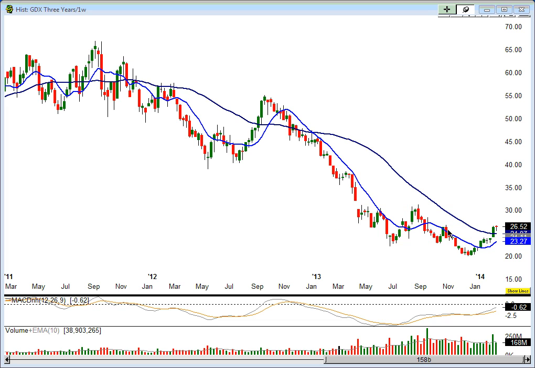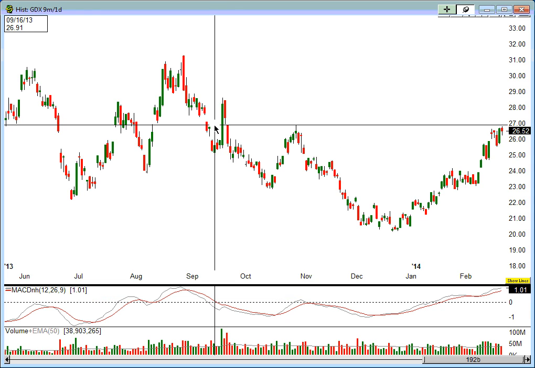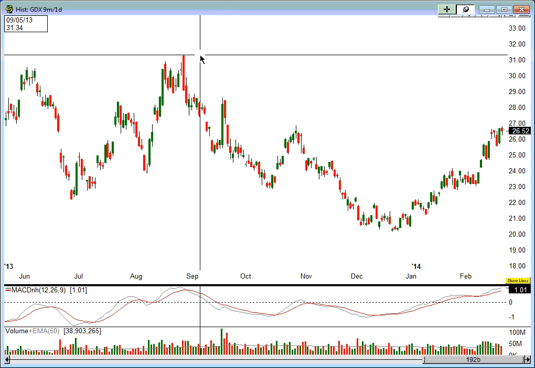So those are things that are apparent on a weekly chart that might not be so apparent on the daily. On the daily here, you might be able to look at this as a low resistance and then get up here to 31 and change as the next potential resistance.